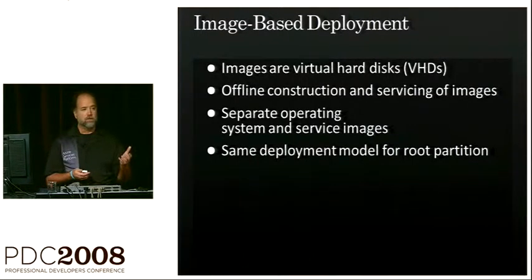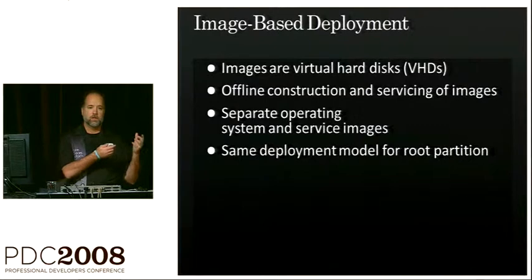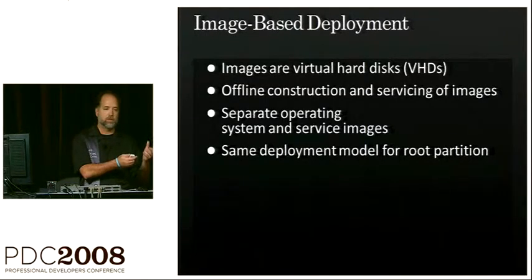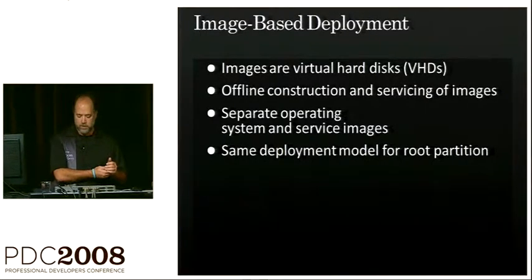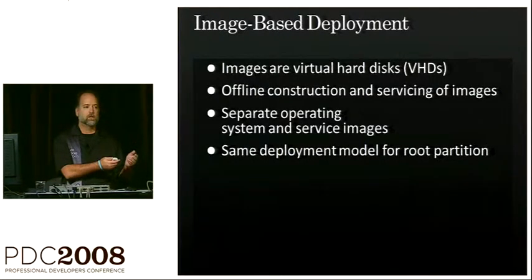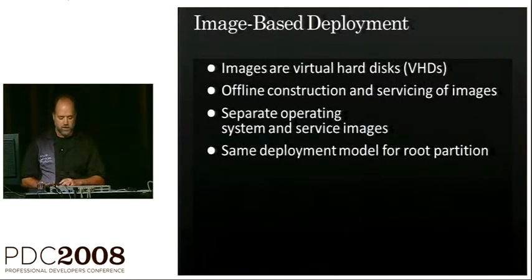So what we do instead is we service the operating system image offline. Just as we build the image offline, we service the image offline in an automated way. This allows us to verify that the patches have successfully been applied to the image before we send it out to the data center.